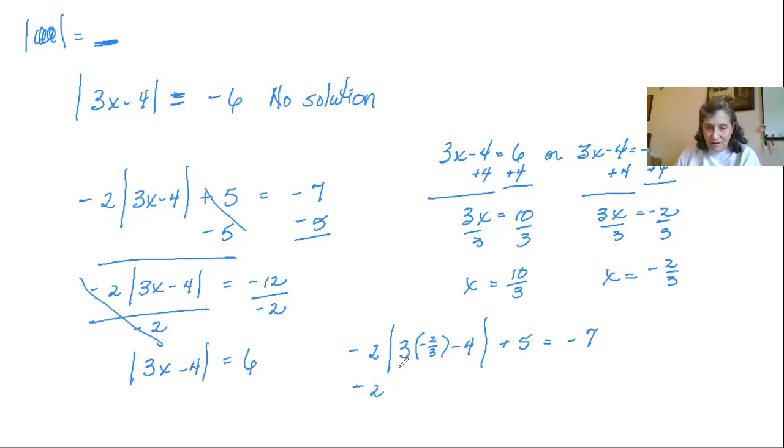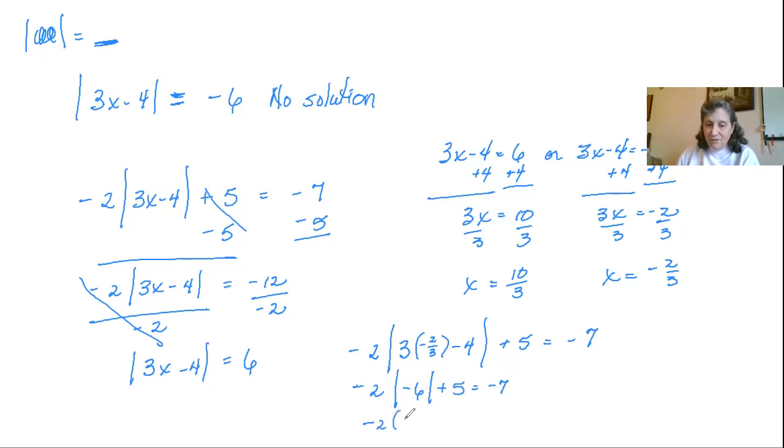So I'm going to shortcut a little of this. 3 times a negative 2/3 would be a negative 2. Negative 2 minus 4 is negative 6. The absolute value of negative 6 is positive 6.